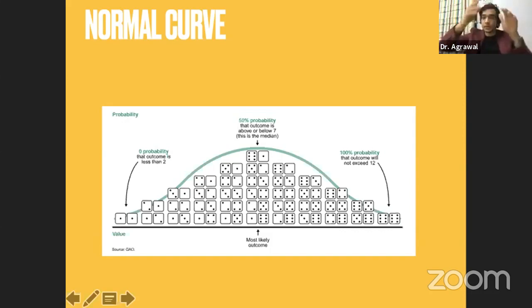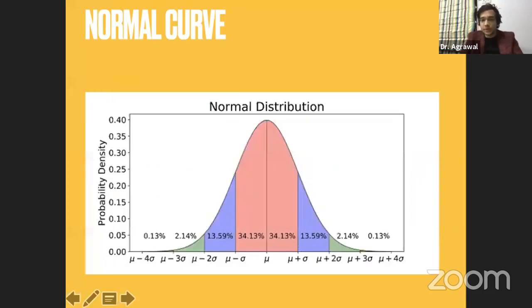So this is something called a normal curve. It's a bell-shaped curve where the center, or the mean, median, and mode, actually coincide. This is a normal distribution.